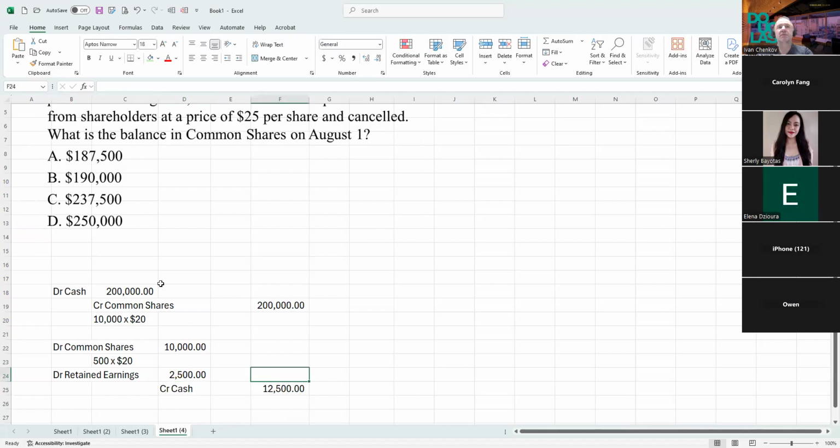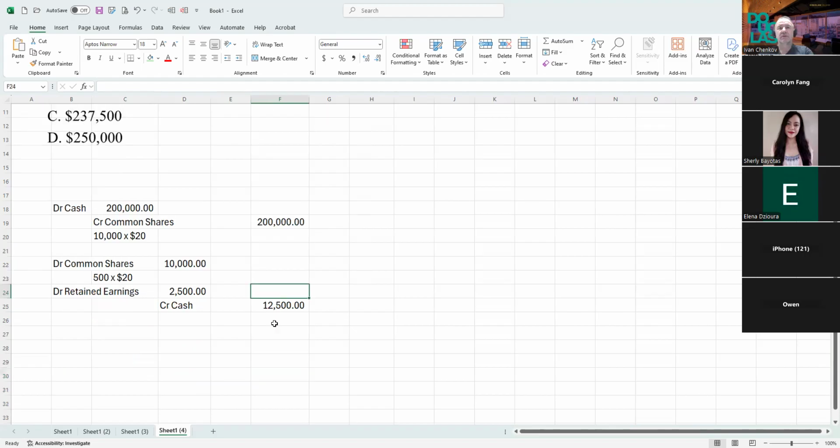So what does the question ask? Read the question. Tell me what the question asks. What is the balance in the common shares? So which account am I chasing?